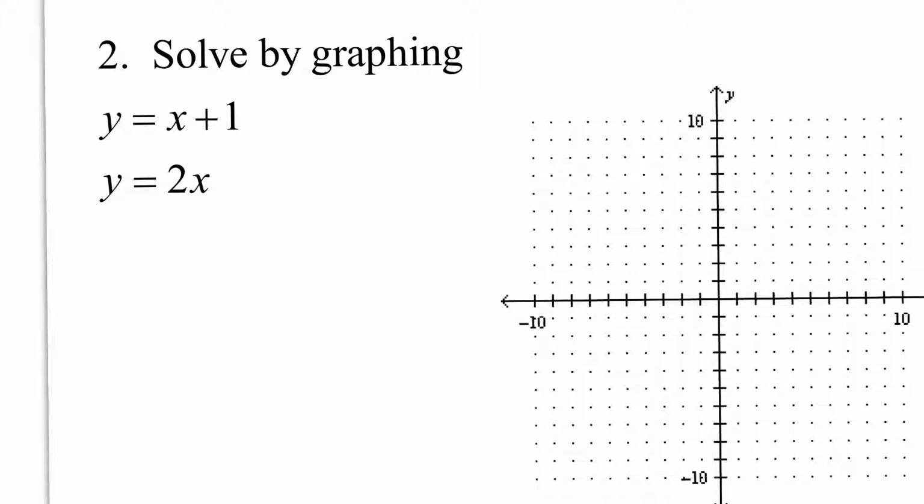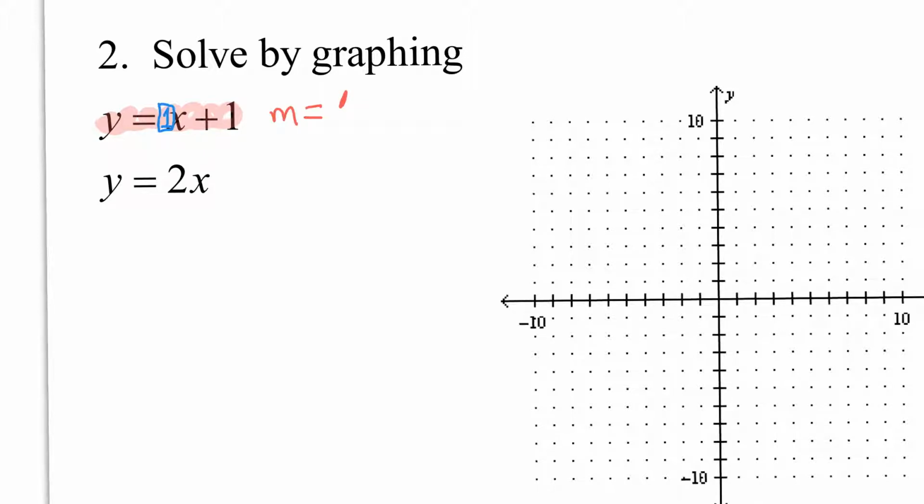My first line is going to be a red line. For my slope, when you have the y by itself, the slope is right next to the x. If you look at the number next to the x right here, we have an invisible 1. So my slope will be 1.